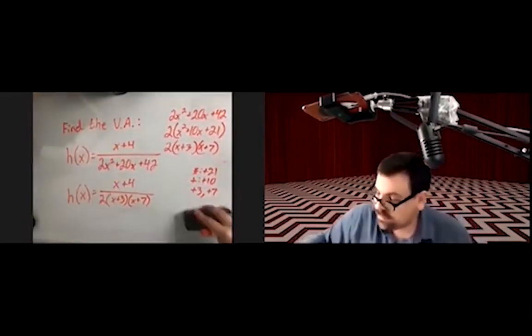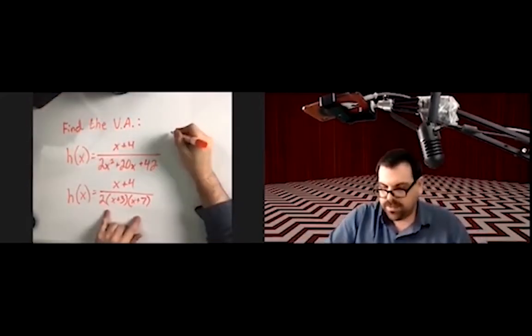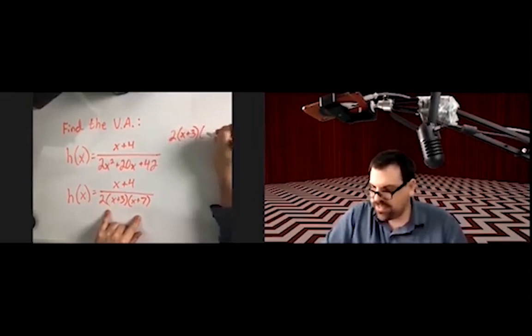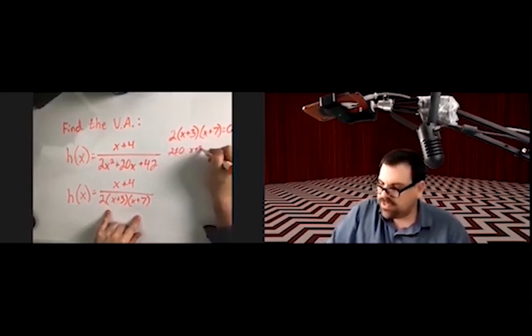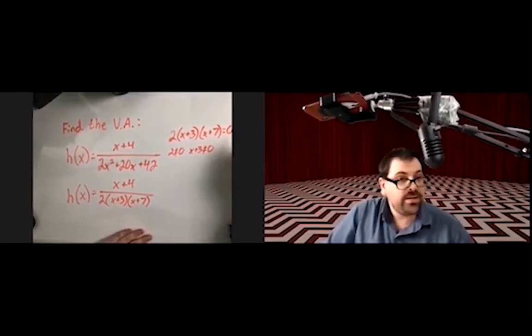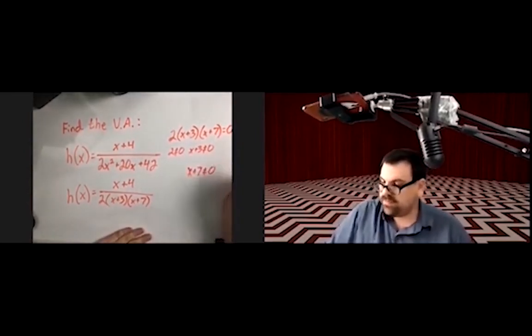Now take the bottom, set it equal to 0. Find these restricted values. This means 2 can't be 0, x plus 3 can't be 0, and x plus 7 can't be 0.